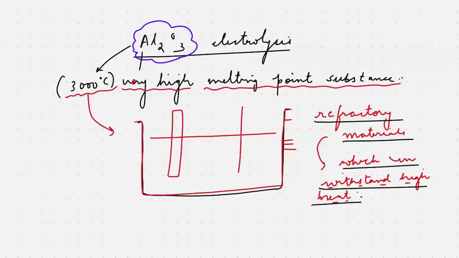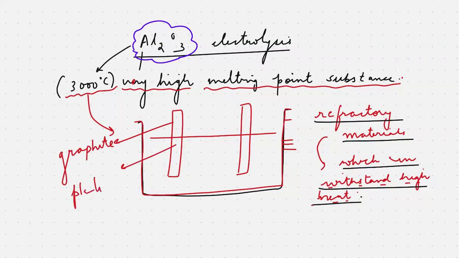Because electrodes will be made up of either graphite, if you are taking passive electrodes, or platinum. These are metals, and these metals will thereby melt. Got the point? So what exactly is going to happen?